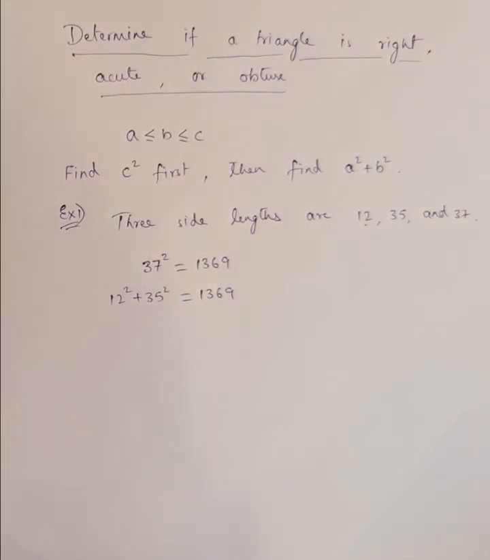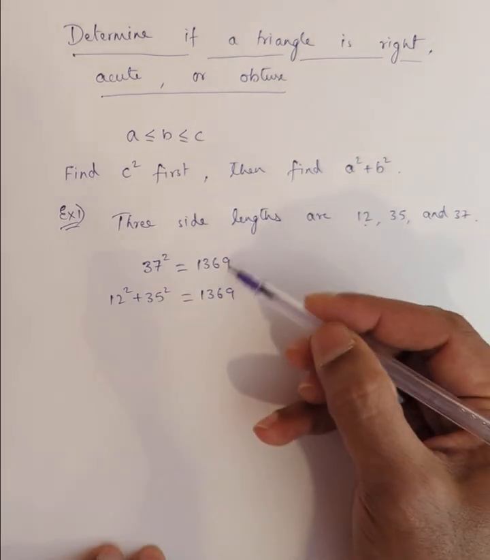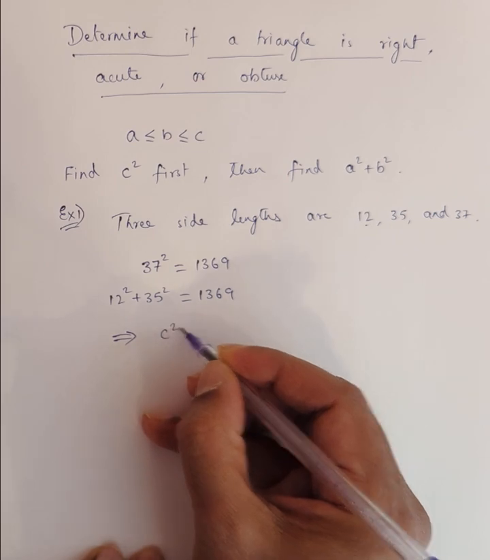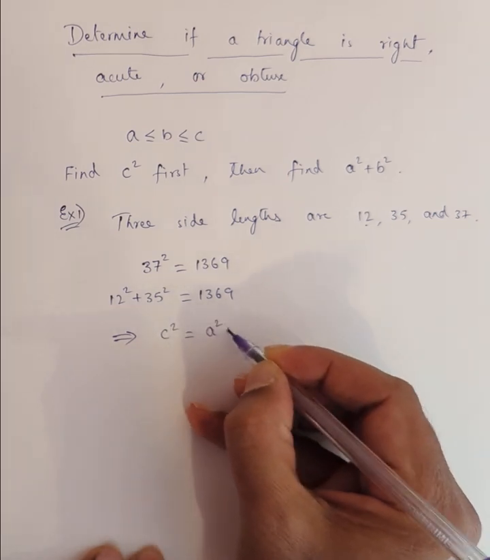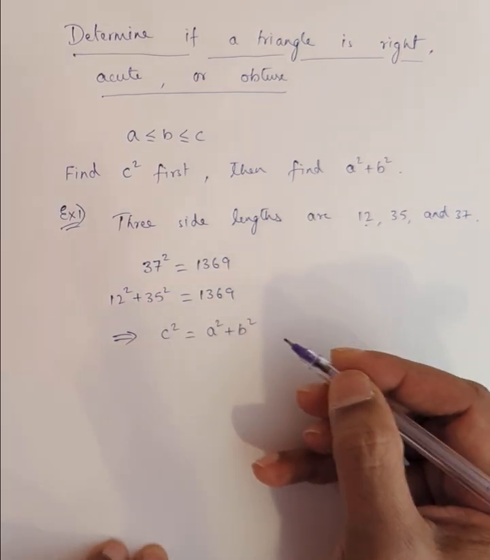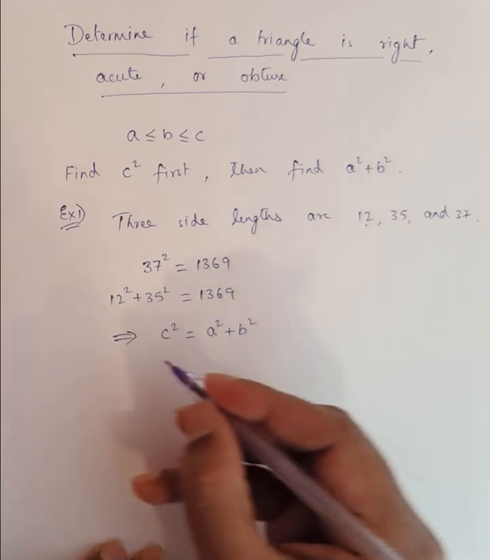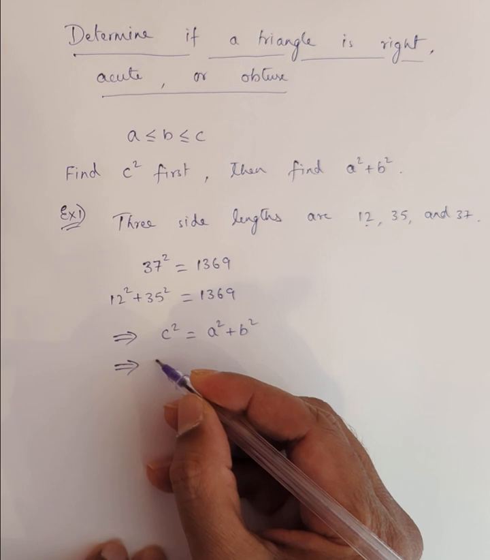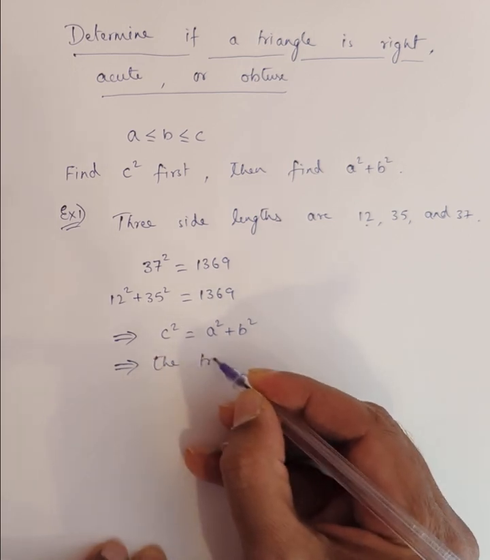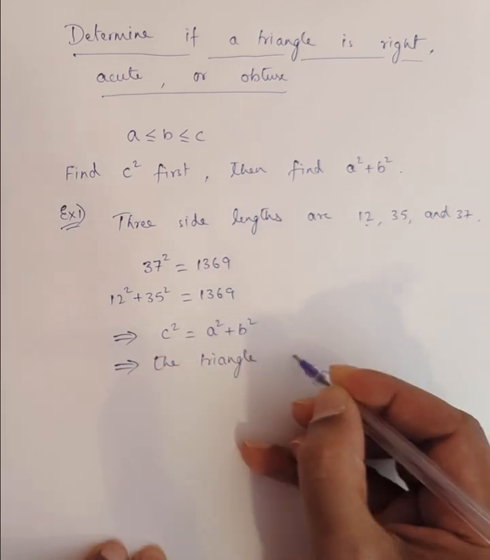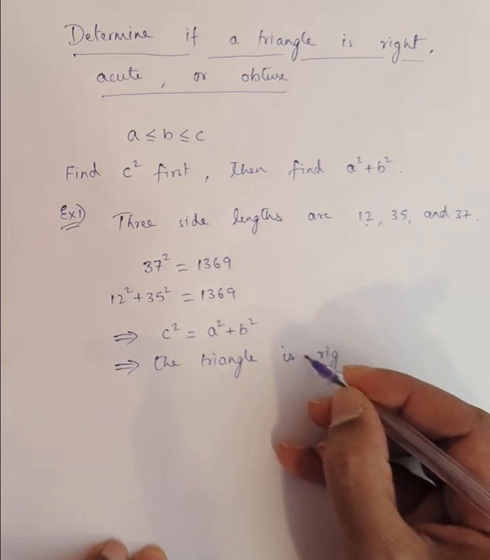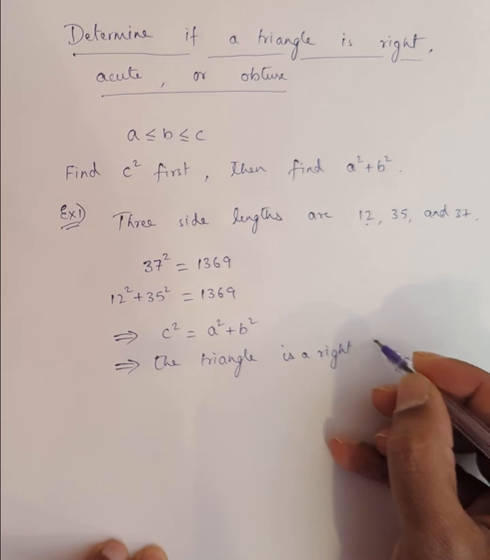And I notice that I get the same answer, so what I conclude is C square is equal to A square plus B square, which means the Pythagorean theorem applies. And so the given triangle is a right triangle.